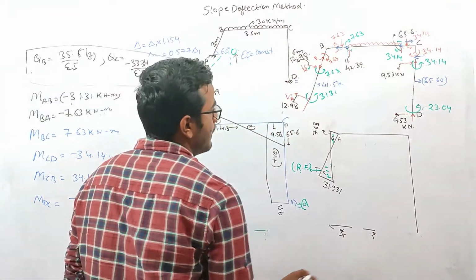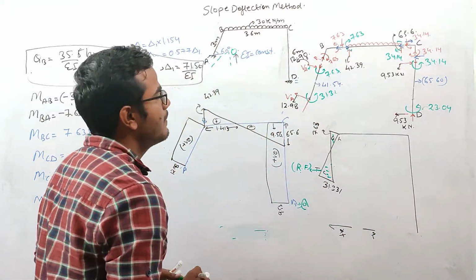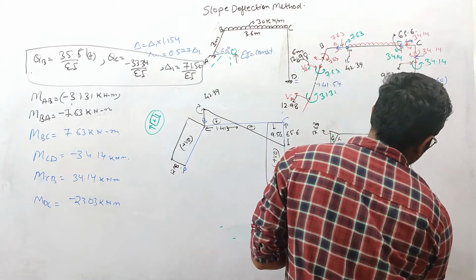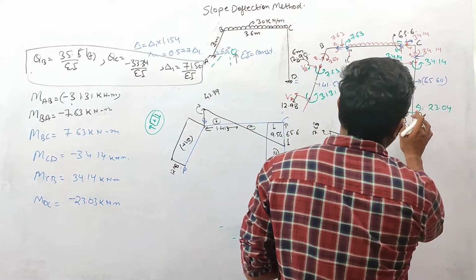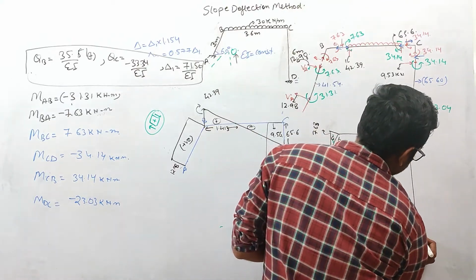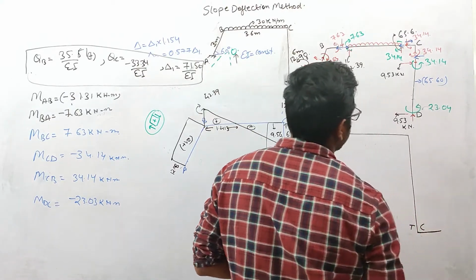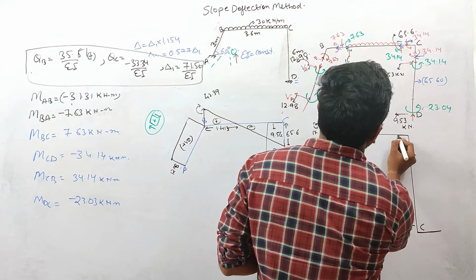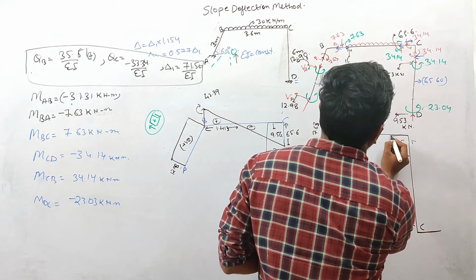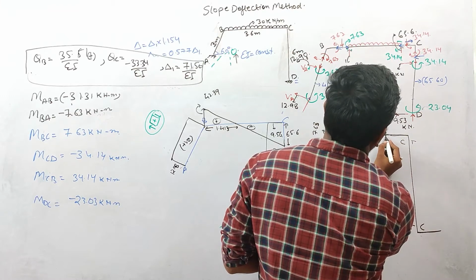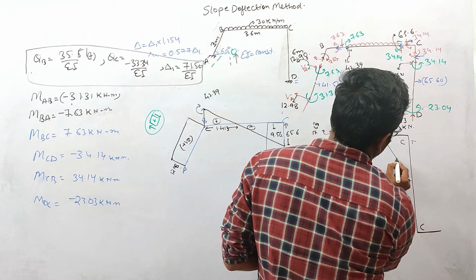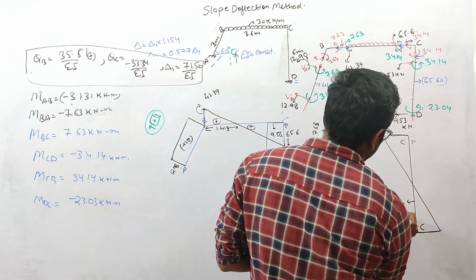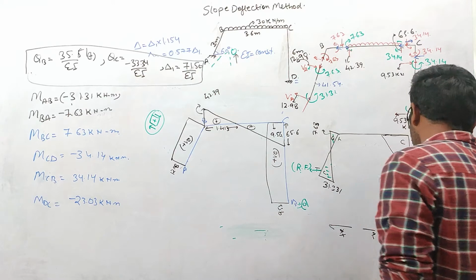Now for this DC member, again you can see that this side will be in compression, this side will be in tension at this end. So the bending moment diagram will start from here again, right? And at this point the compression will be here and tension will be here. So again it will be 0 at some point. Here this is our reference line, right?